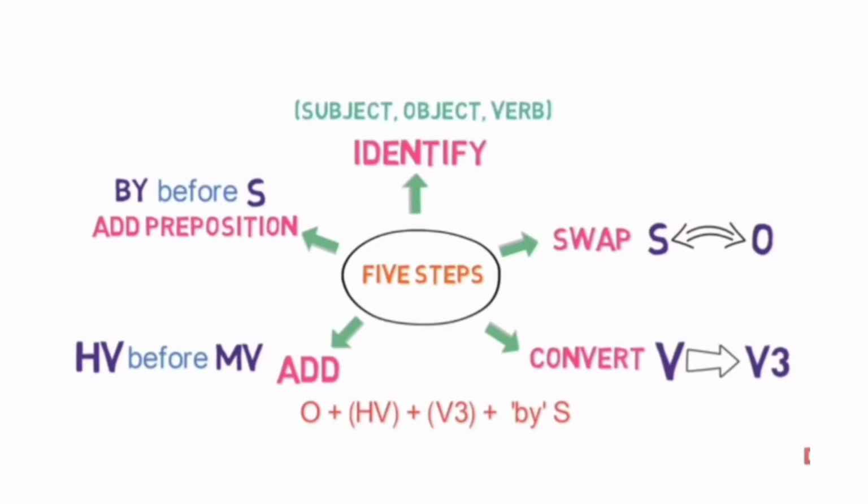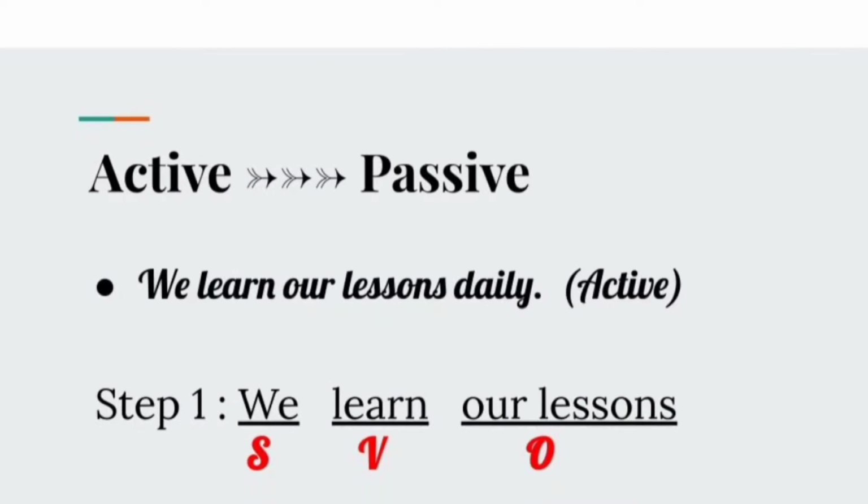Next, third rule, convert verb to its past participle form. Then fourth rule, add proper helping verb before main verb. And rule number 5, add preposition by before subject. Children, through these steps, we can convert one active sentence to passive form.